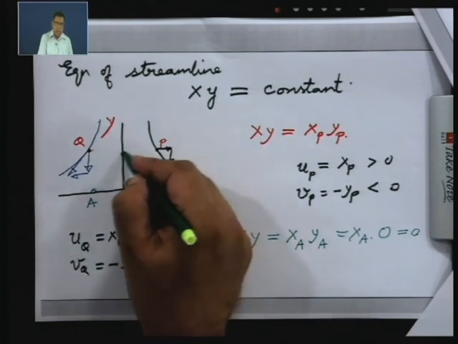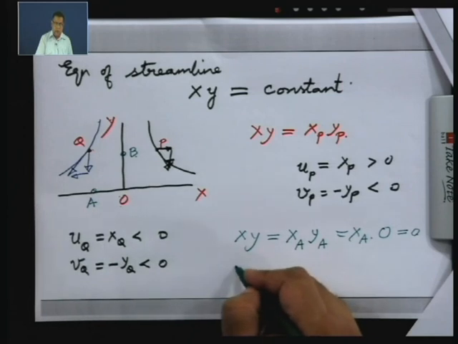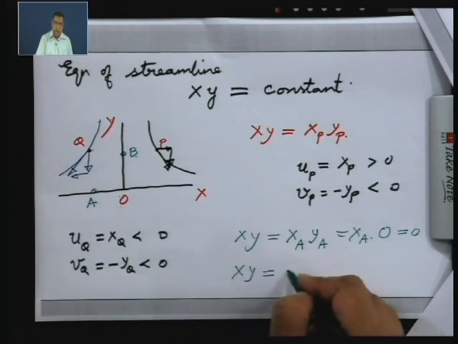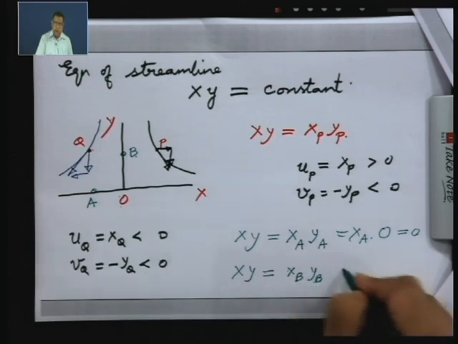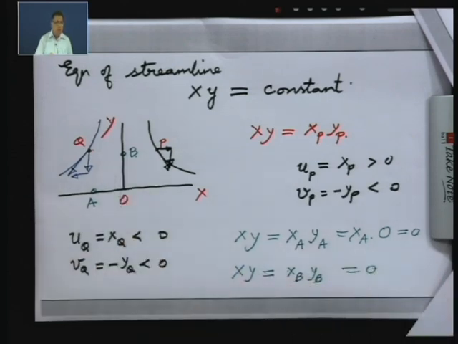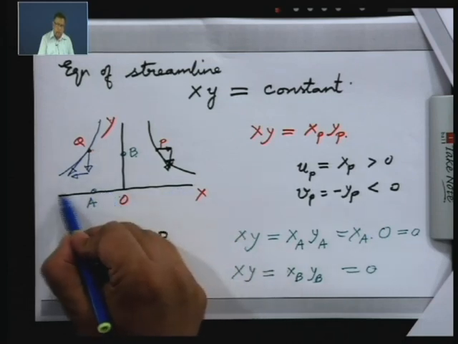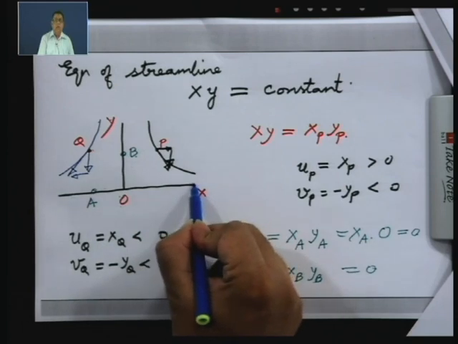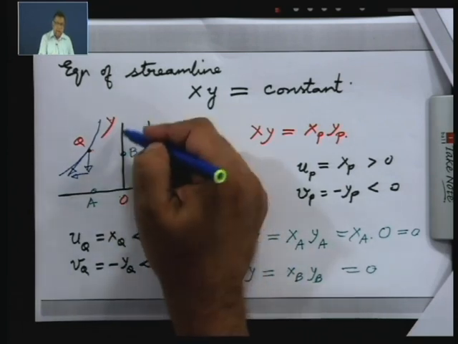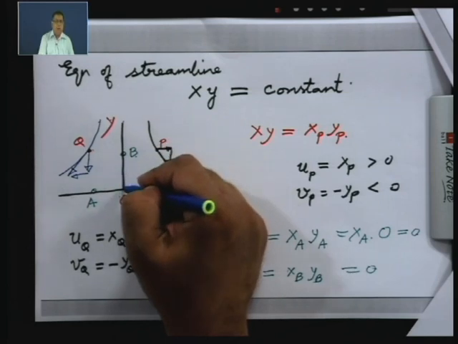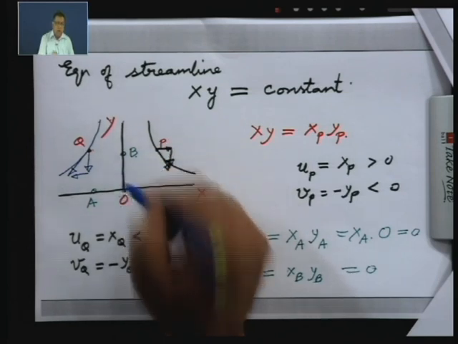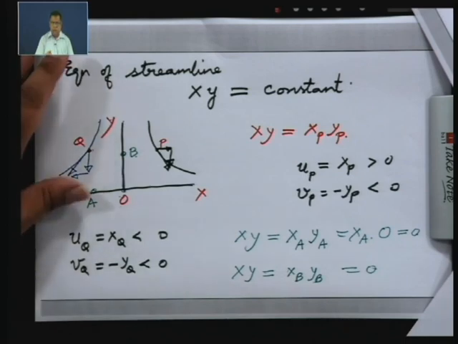Now, I can take a point B over here, then xy will be x_b y_b, and again that will be 0, because here x_b is 0. Now, you see that x equal to 0 is a streamline. So, this line is a streamline, and this line is also a streamline, and these two streamlines are intersecting at the origin in this example.